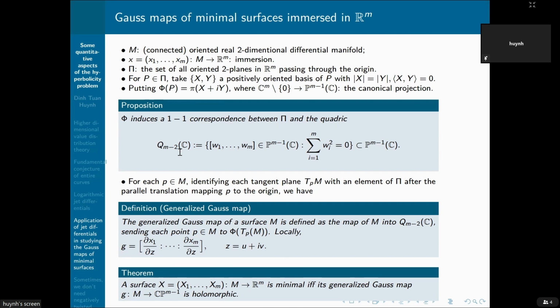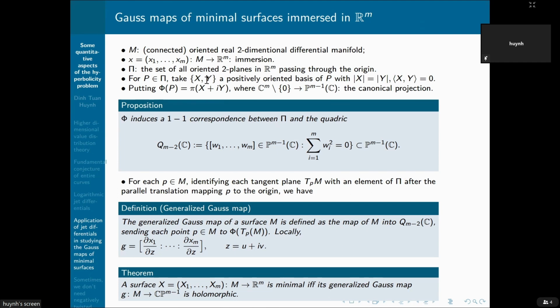First, we have a one-to-one correspondence between the set of oriented two-planes in Rm passing through the origin and the quadric in the (m-1)-dimensional projective space. So you can now identify oriented two-planes in Rm passing through the origin with a point on the quadric.